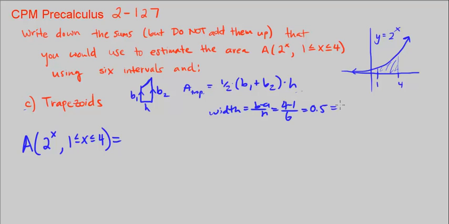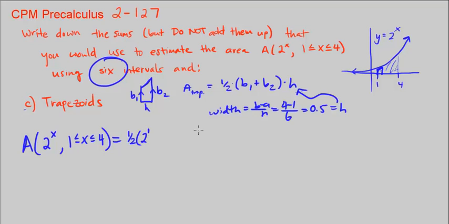So we know that that's equal to h here, okay? So I'm going to be adding in 6 trapezoids this time. So it's going to be 1/2 times base 1. Well, base 1 is going to be the height of my rectangle at x is 1, right?